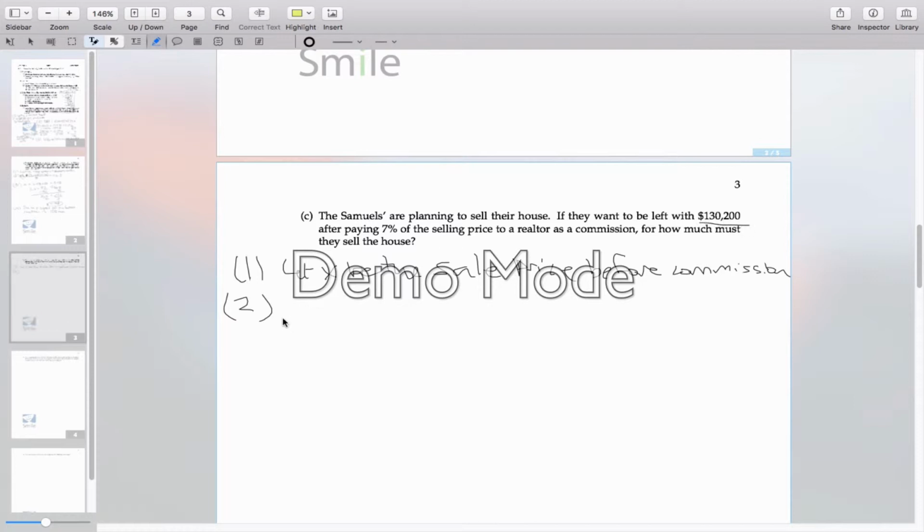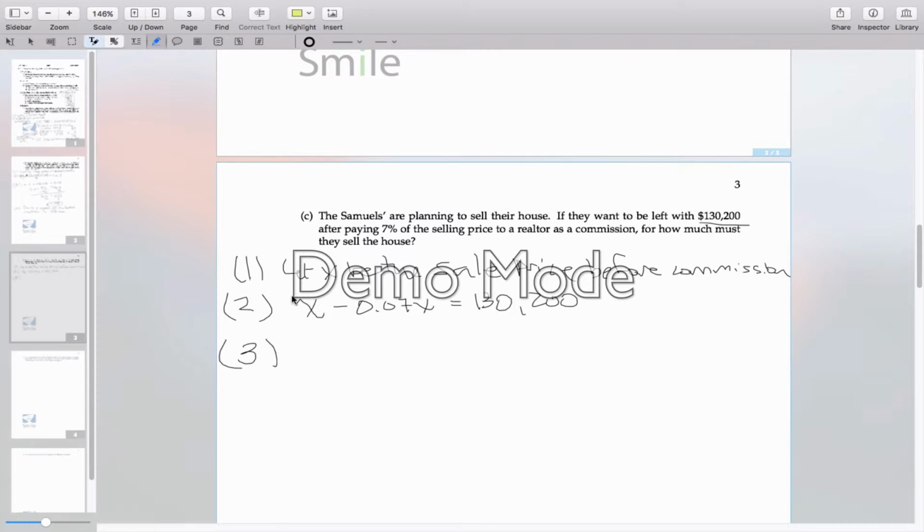But what we can do is know that the sales price before the commission, take away 7% of the sales price before commission, has to equal $130,200. So this equation, when solved, will give us X, the value the house has to sell for for the Samuels to clear $130,200.